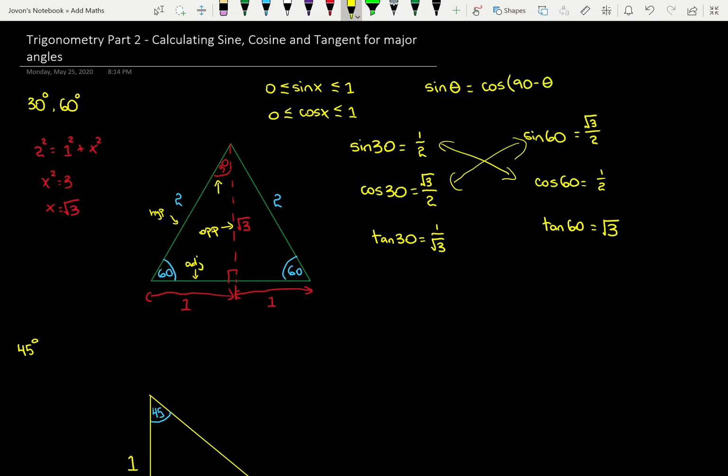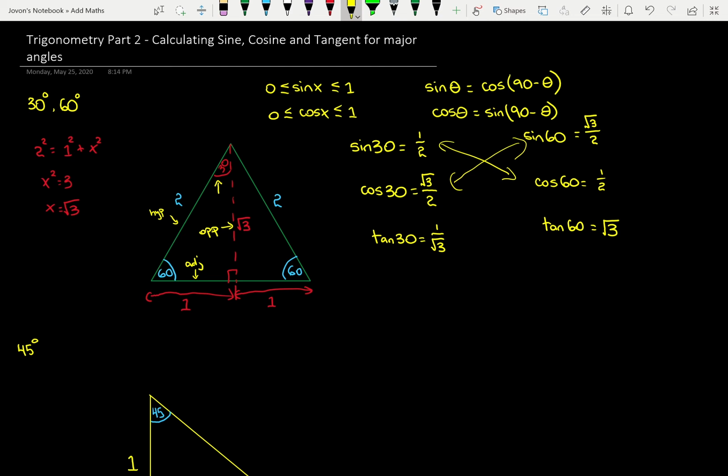So, for example, sine of 5 would be equal to cosine of 85. And in the same sense, cosine of an angle theta is equal to sine of 90 minus theta. In this sense, we would also expect that sine 45 and cosine 45 would be the same.